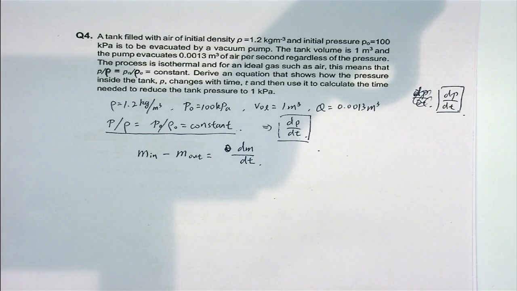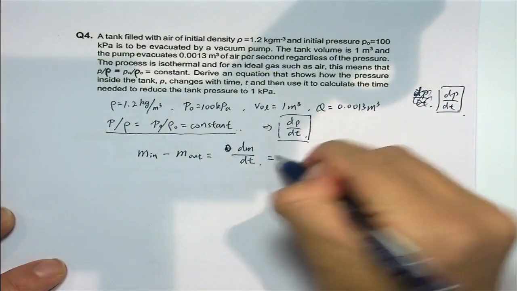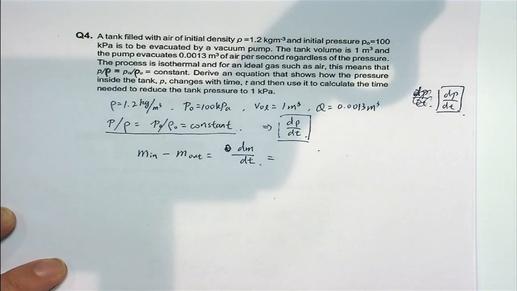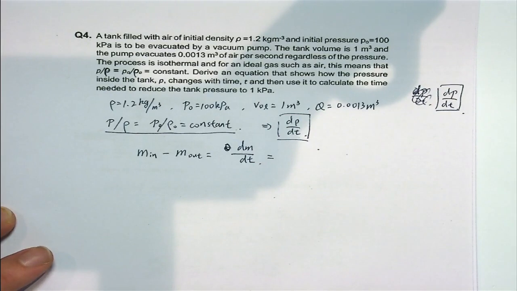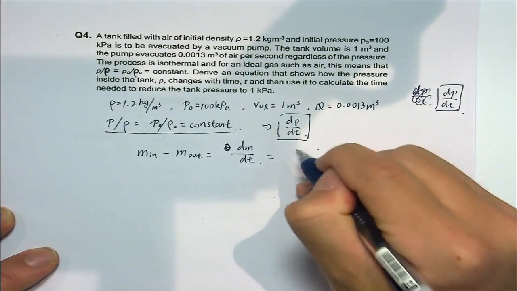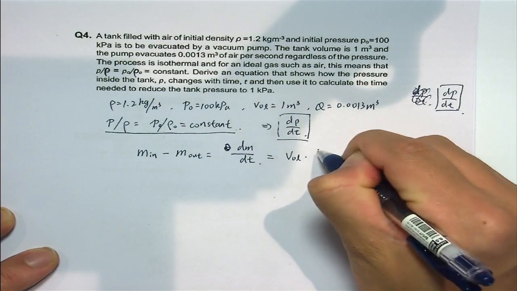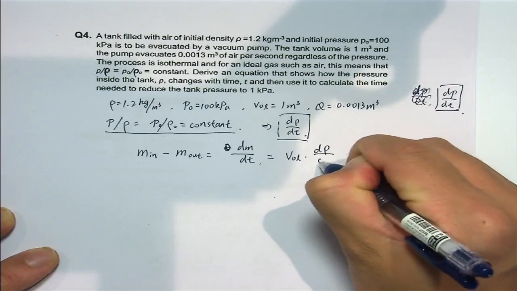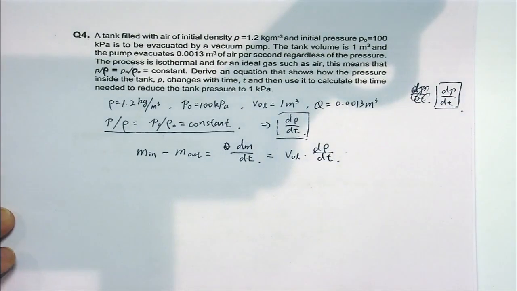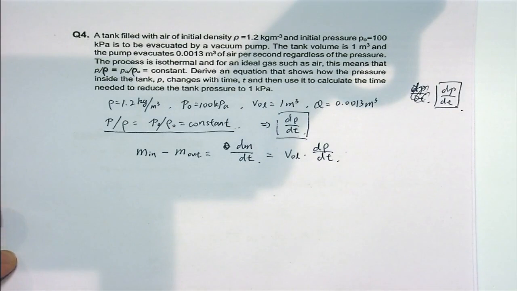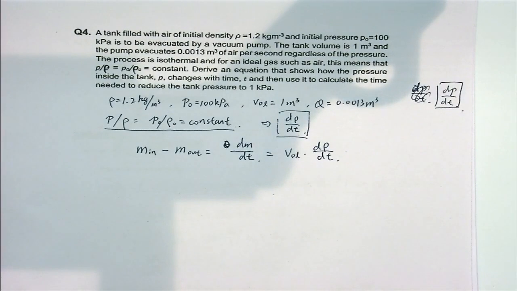So on the right term, we could write it: we extract the volume out because the volume is fixed. It could be written as volume times d rho over dt, because the density multiplied by volume is mass.